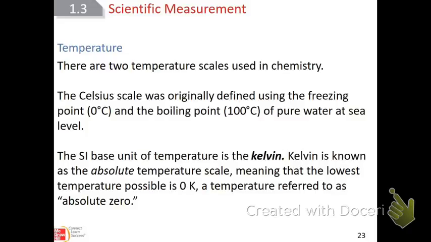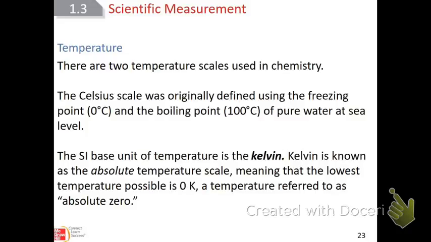The particles have lost every bit of their energy, and they're no longer even wiggling. So that is absolute zero. And Lord Kelvin set that to be 0 on his temperature scale. And he went up from there. So he didn't put any negatives on his scale. So that's where it comes from.